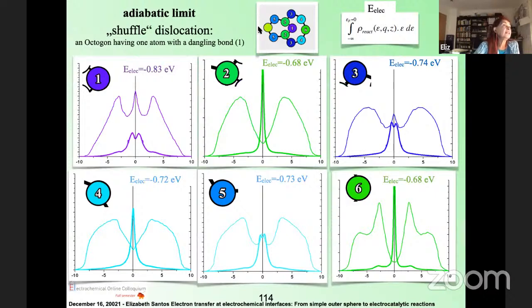If we have a defect, for example a shuffle dislocation, the density of states of these carbon atoms is different, and then if we put a reactant there, the interaction could be very different.